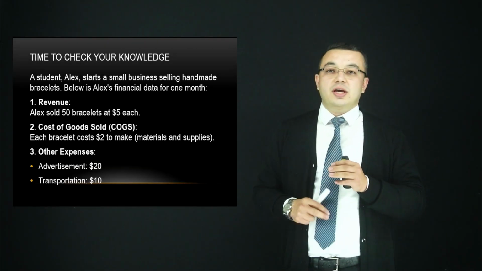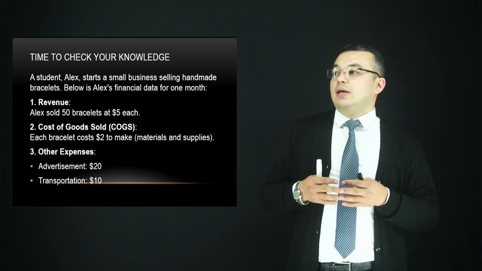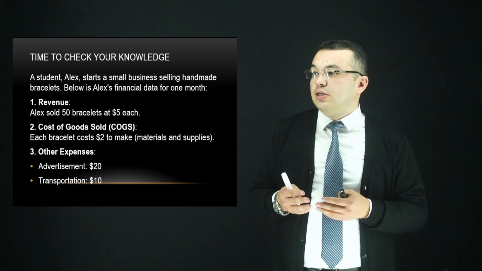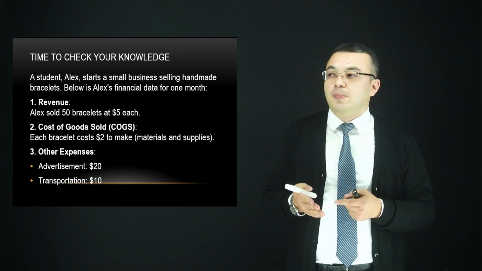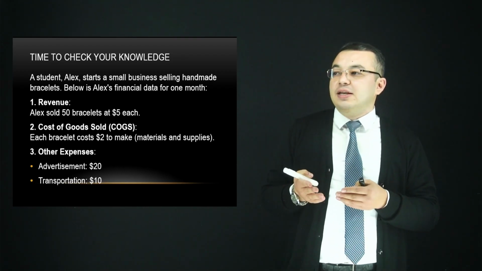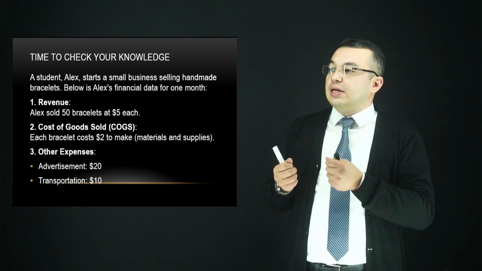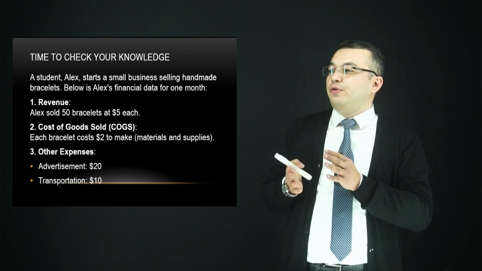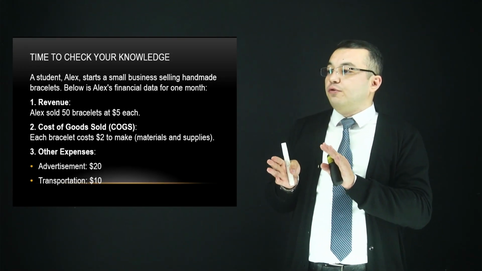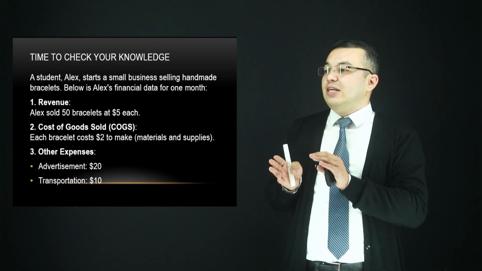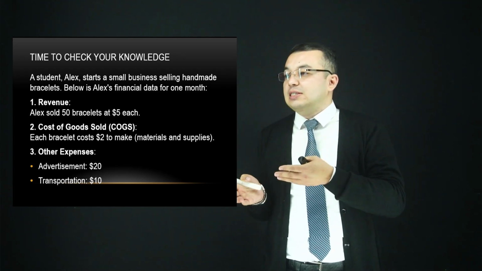And now I want to check your knowledge. How did you understand the theme? Here you can see that a student, Alex, starts a small business selling handmade bracelets. Below is Alex's financial data for 1 month. First, revenue. Alex sold 50 bracelets at $5 each. Cost of goods sold: each bracelet cost $2 to make for materials or supplies.